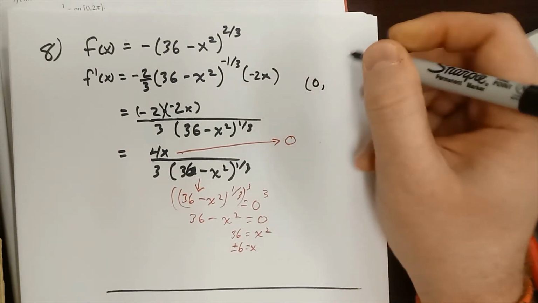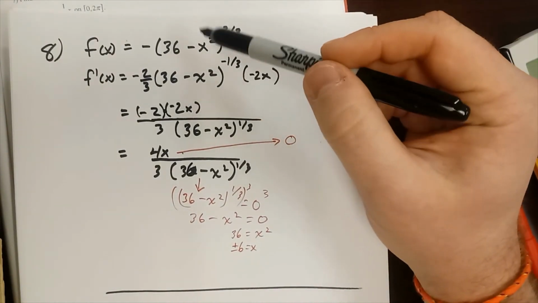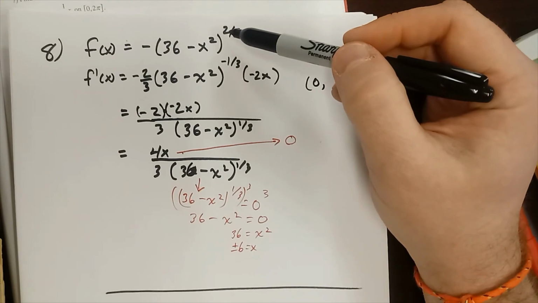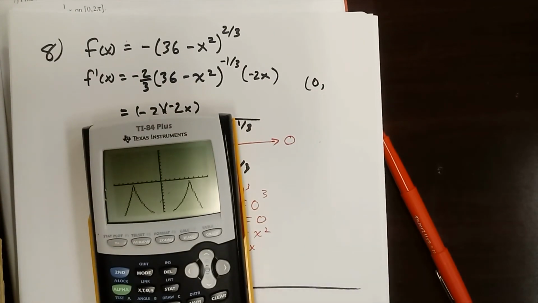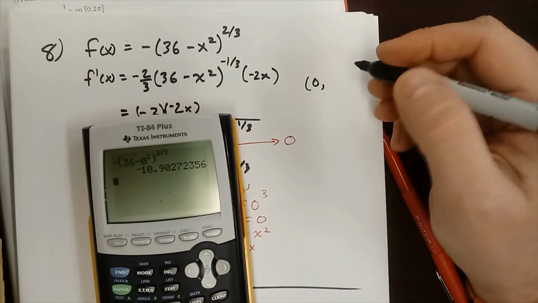So I could say 0, plug it in. When I plug it in, 36 to the 2/3, I actually don't know the cube root of 36 offhand. I'm guessing it's not nice. Yeah, okay, so it's something nasty.